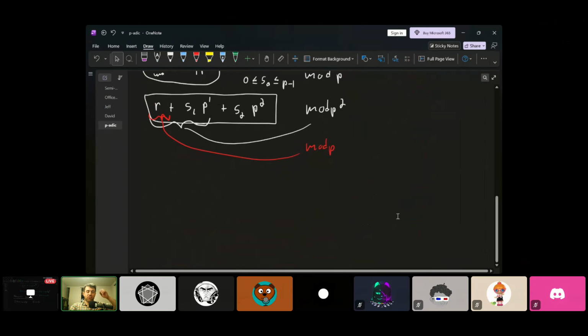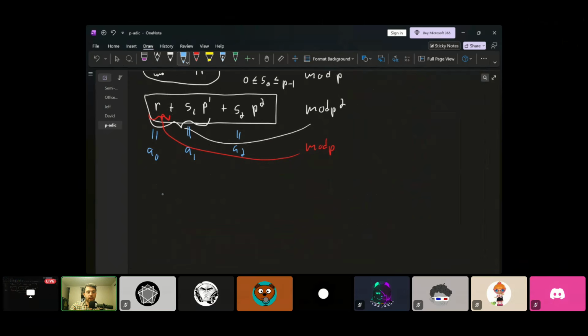So the thing is, assuming these conditions are satisfied, we can keep playing this game forever. And so something interesting happens. Maybe I'm just going to rewrite the notation a little bit. What I was calling R, I'll call A0, S1 I'll call A1, then A2. So if you kept playing this game, you basically took what is more or less this base p expansion.